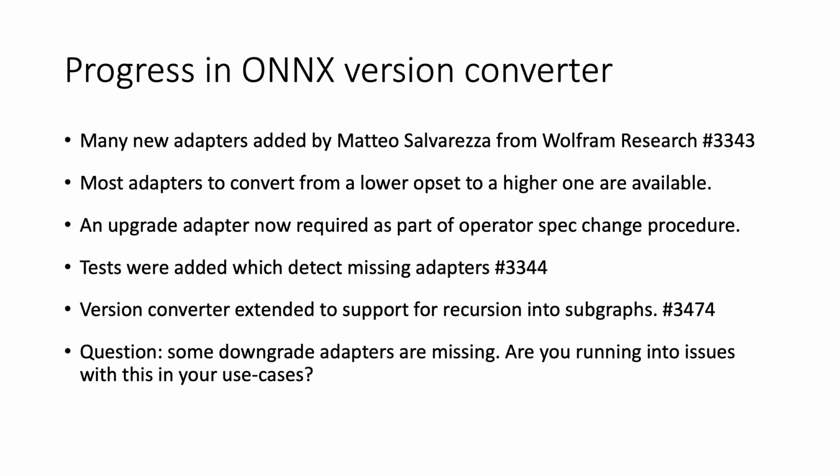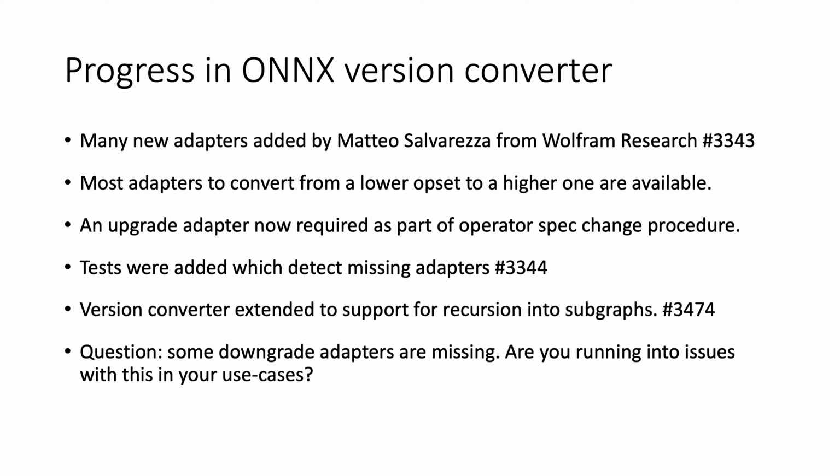As some other work that was done in the recent past, since the last workshop, had to do with the operator version converter functionality. Many new adapters were added, so you can now convert most ONNX operations from a lower opset to a higher opset, because those conversions are available.